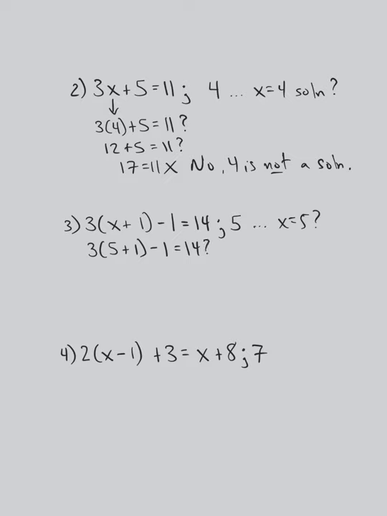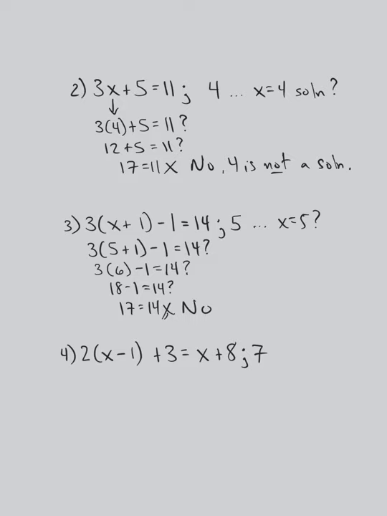All right, and so we do parentheses first, following order of operations. So we have 3 times 6 minus 1 equal to 14. We're still wondering. Okay, then I multiply. I have 18 minus 1 equal to 14. You can probably see that they're not, but let's just say we're still wondering here. And so then we get 17 equal to 14. So that's not true. Okay, so no, x equals 5 is not a solution there.